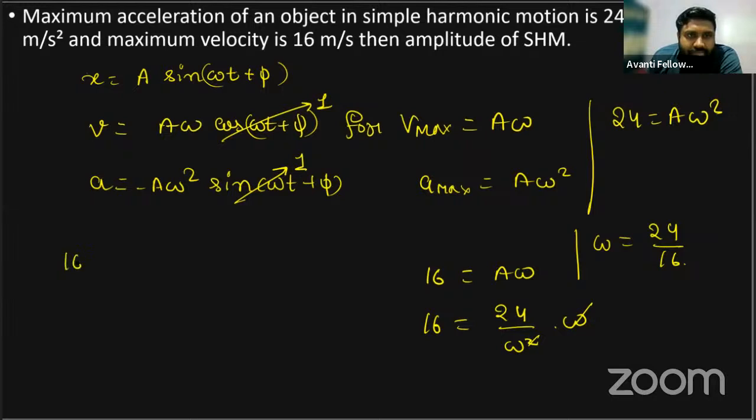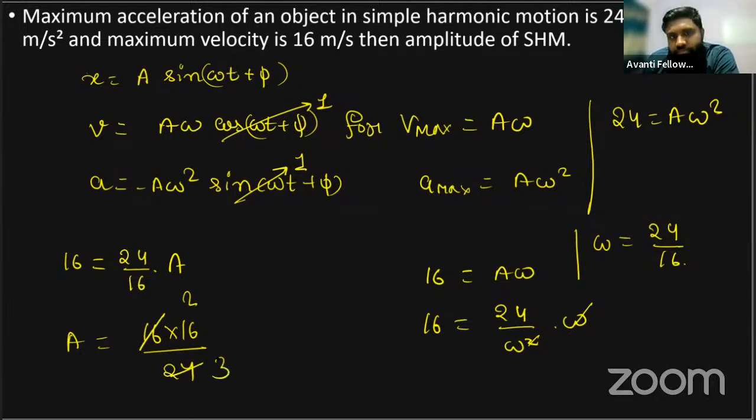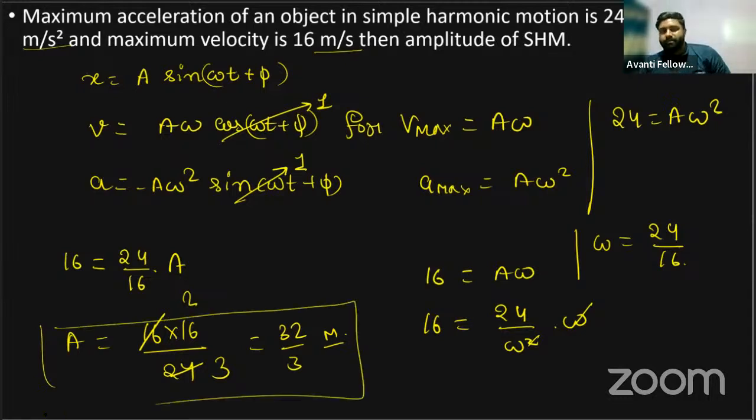So V max, 16 equals 24 by 16 into A. So what is the value of A here? A will be 16 into 16 divided by 24. Now 8 to the 16, 8 3 is 24. So it will become 32 by 3 meter, because velocity and acceleration are all given in meter. Amplitude here is 32 by 3.